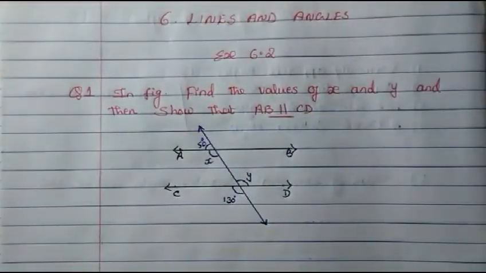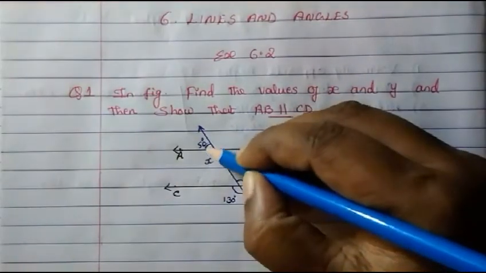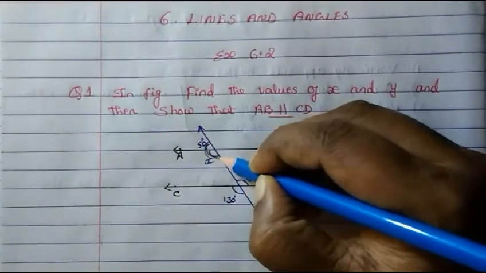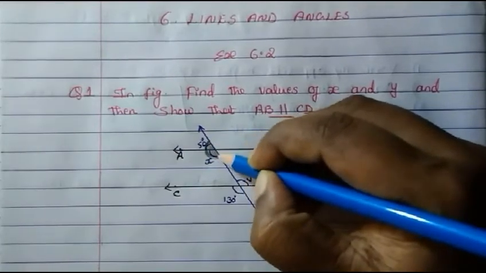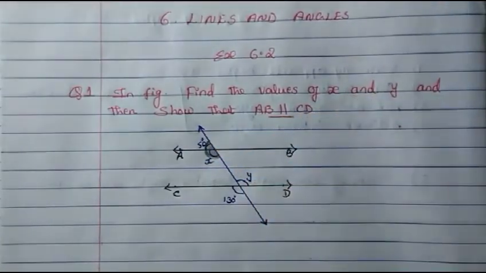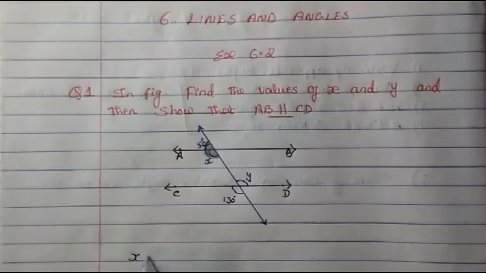So can we say that the whole thing will be 180 degrees? So we can write x plus 50 will be 180 degrees. You also have to write the reason.